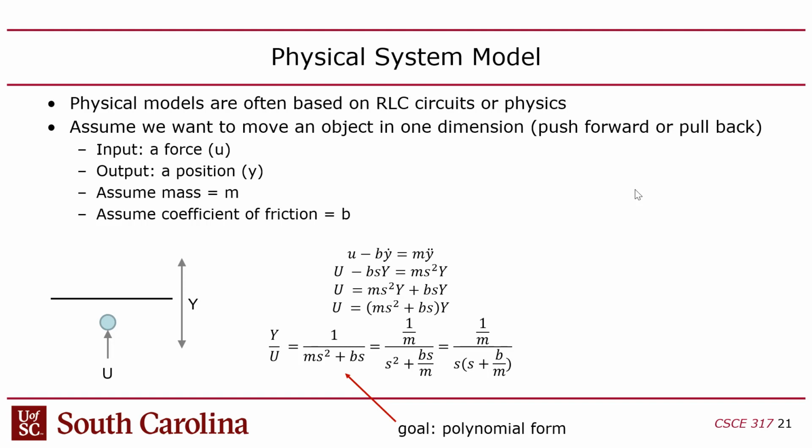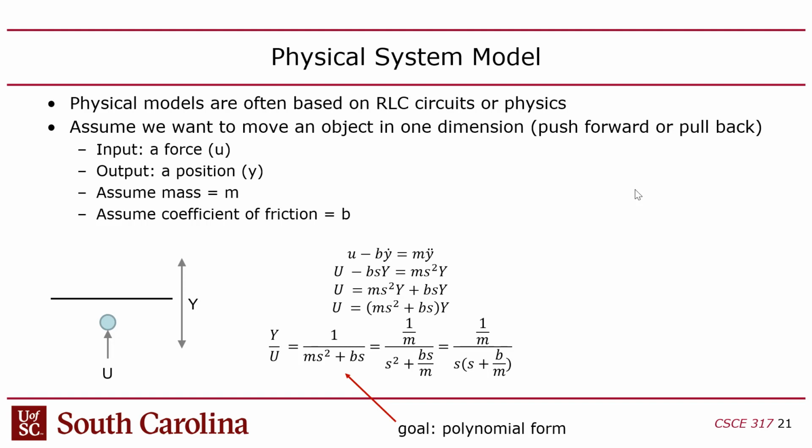So I have to get it into the form where I have Y over U. First of all, everything that's multiplied against Y goes on one side, everything multiplied against U on the other side. So I'll do that, and then I will factor out Y.